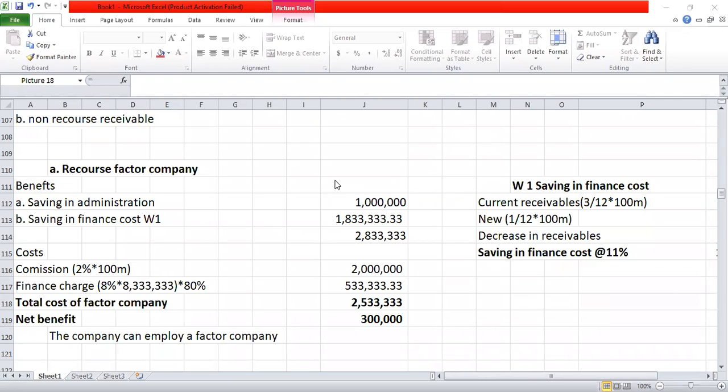I'm saying if you are dealing with a recourse, the only thing you're going to have here is a saving in bad debt. You'll have a saving in bad debt as the extra saving, because in the non-recourse, they're going to take the cost for bad debt.